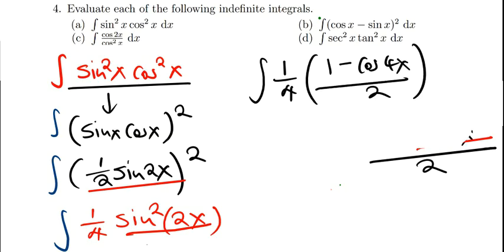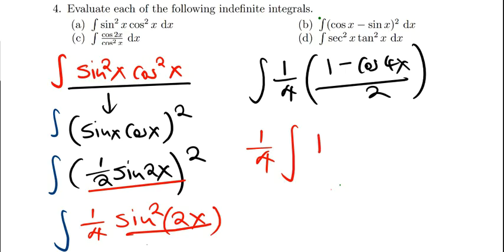Now on the next step, we can decide to pull out, of course, the 1 over 4. Remain with 1 minus cosine of 4x over 2.